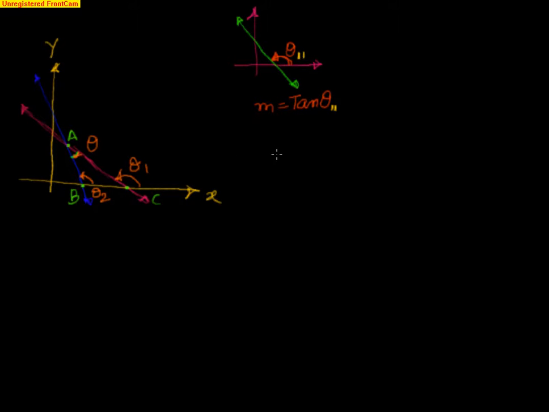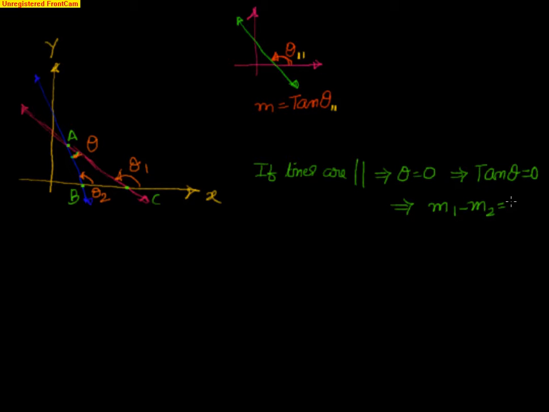Now what I know is if the lines are parallel, I know that theta equal to 0, which implies tan theta equal to 0, which gives me m1 minus m2 equal to 0, right?